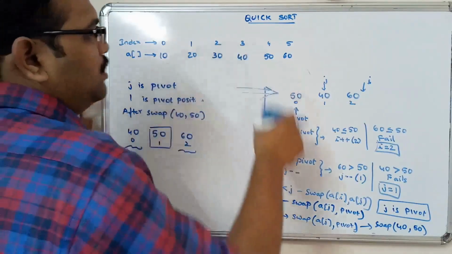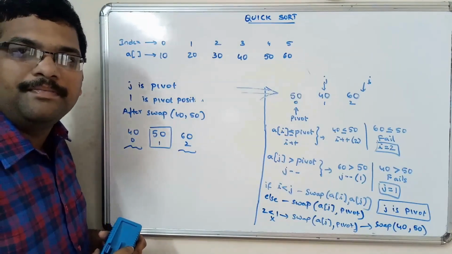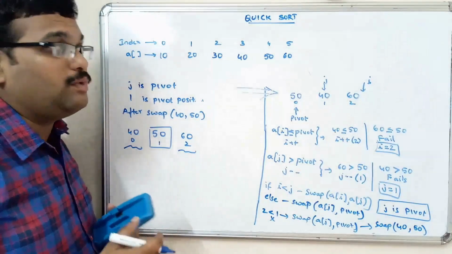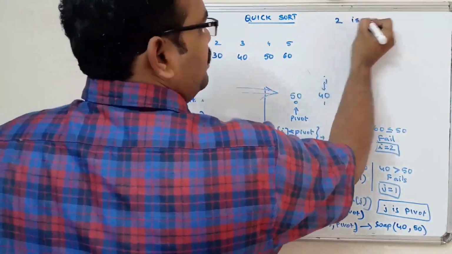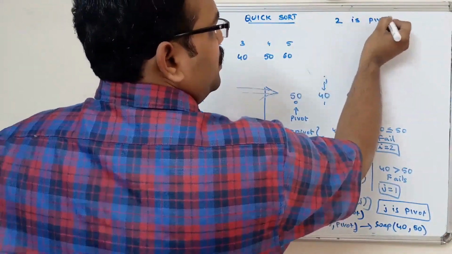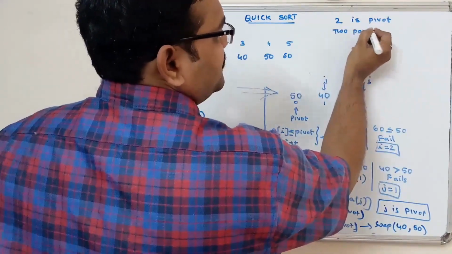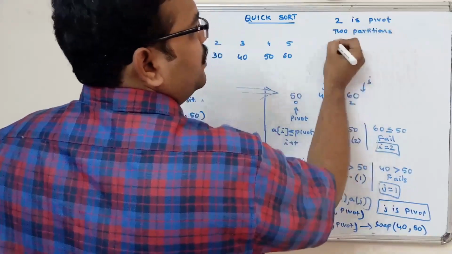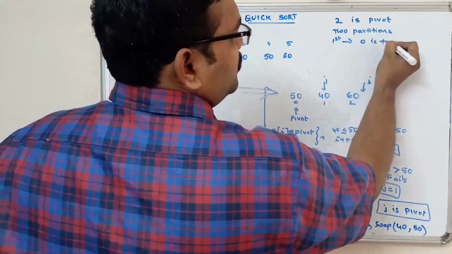Okay, so this is the procedure we are supposed to apply. So hope you all understood this one, right? After the first iteration, 2 is a pivot, so 2 partitions are there. First partition, again 0 is the pivot.